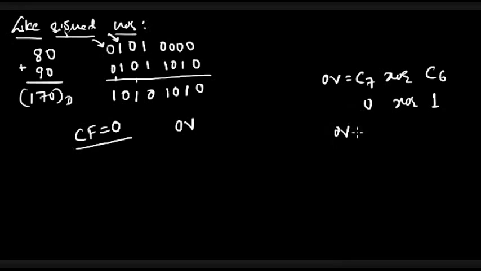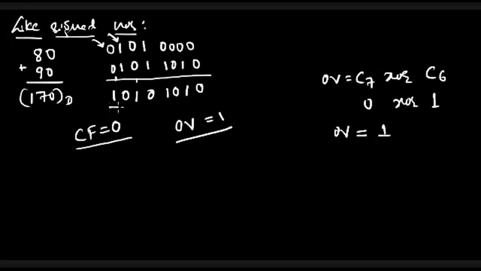So overflow flag is 0 XORed with 1 is 1. So overflow flag is set to 1. As overflow flag is set to 1, we can say that the result exceeds the range of plus 127.